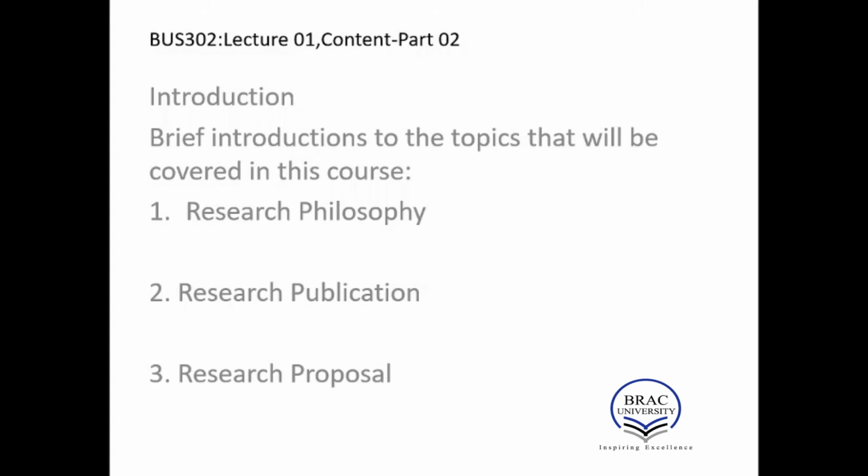So new knowledge is created based on old knowledge, and old knowledge can be found in different types of publications, like journal articles, newspapers, and other types of publications. So in this segment we will discuss research publication.